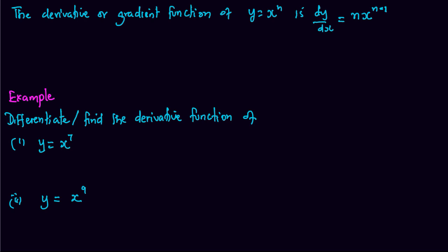So that we can say that using the above examples, y is equal to x squared is differentiated to get dy over dx is equal to 2x.